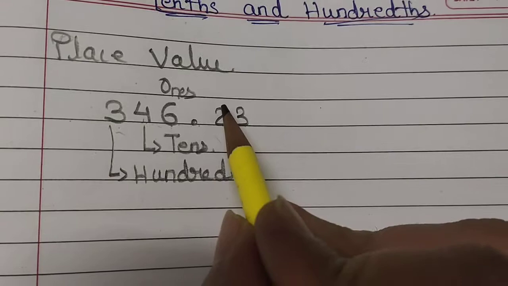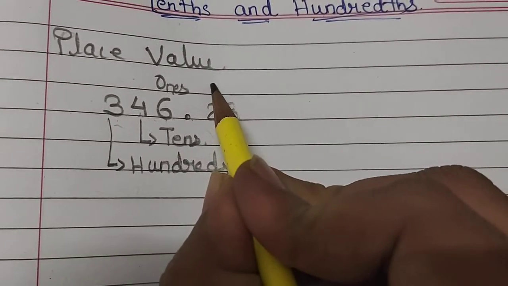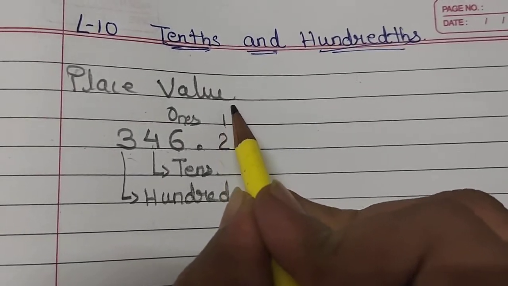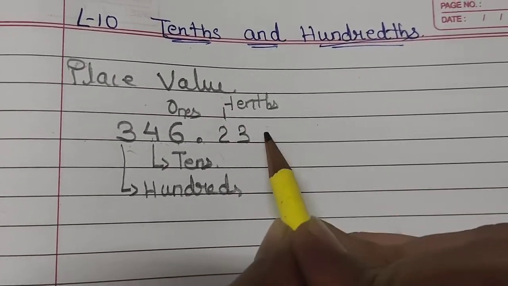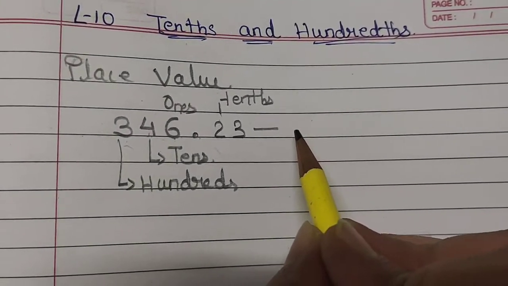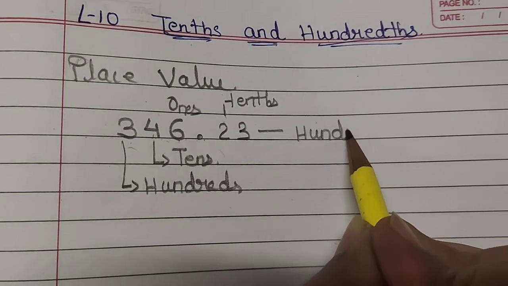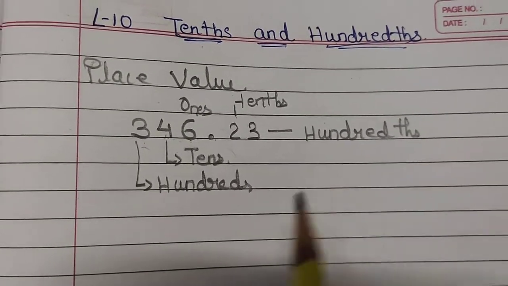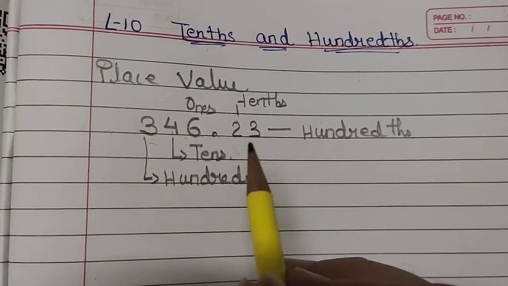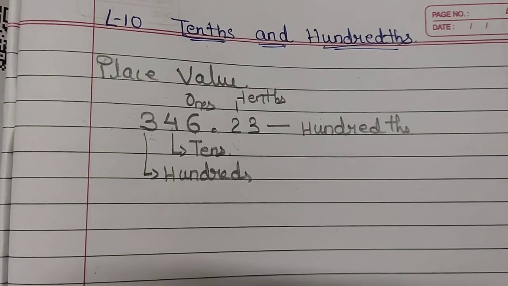Okay, so here the 2 is at the place value of tenths, and the 3 is at the place value of hundredths. This is the place value: 2 is the place value of tenths and 3 is the place value of hundredths.